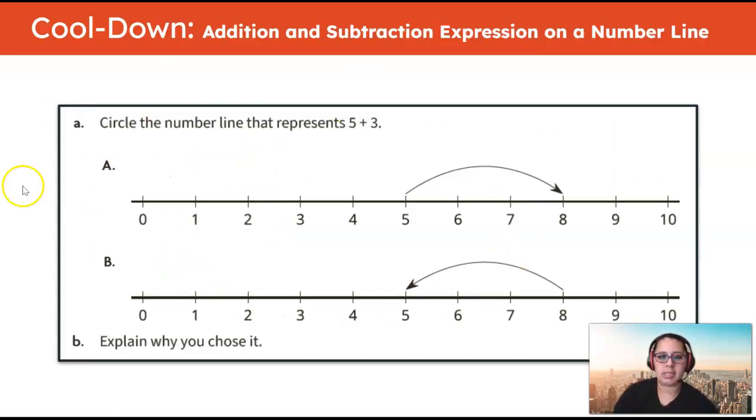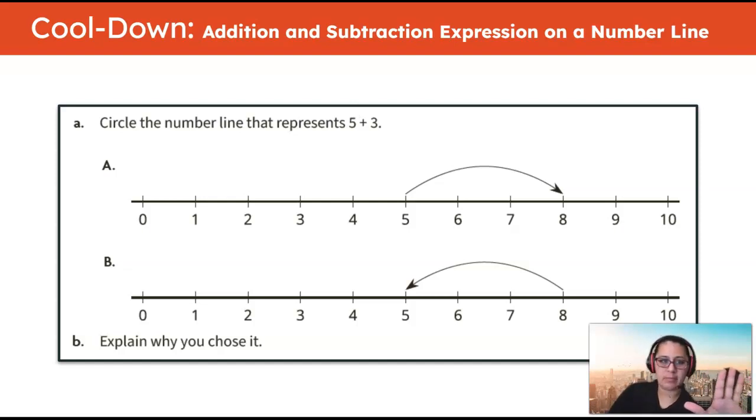So this is your exit ticket. Okay, so you're going to circle the number line. So you're going to circle either A or B that will match this. And you notice there's not a full equation, so you're going to have to figure out what is at the end. So 5, you're going to do 5. And what are we doing? If you see the plus sign, what are we doing?